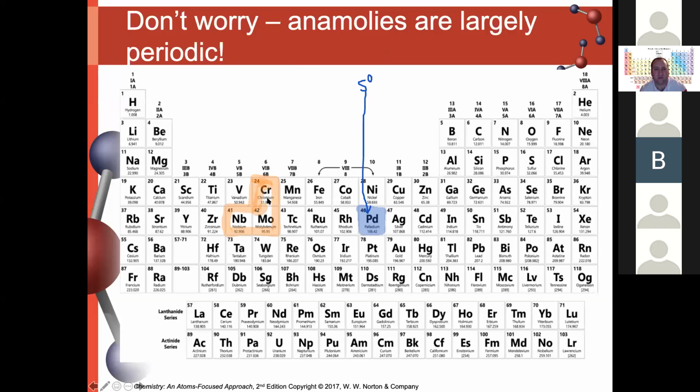Not saying it's the easiest pattern to follow, but there is a pattern to them. So chromium, niobium, and molybdenum, they are right here. We also see that there's a block around copper, silver, gold, and platinum. Which will fill in there. And ruthenium and rhodium are the other two that exhibit this behavior.